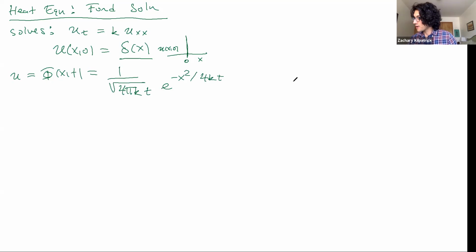And it goes from this very spiky initial condition, as spiky as it can get, to something that smooths out over time until it gets just completely flat. So, let's say this is at t equals t1, t equals t2, t equals t3, and this is x, and this is our, we're plotting u here.